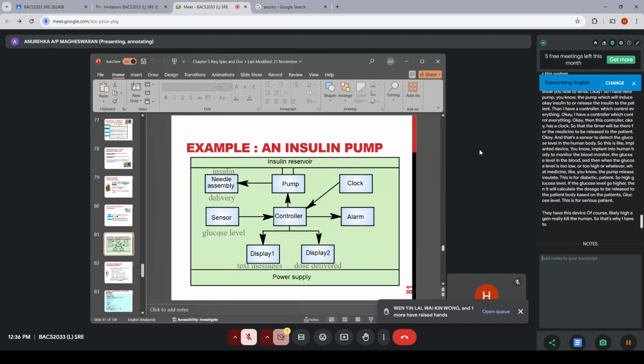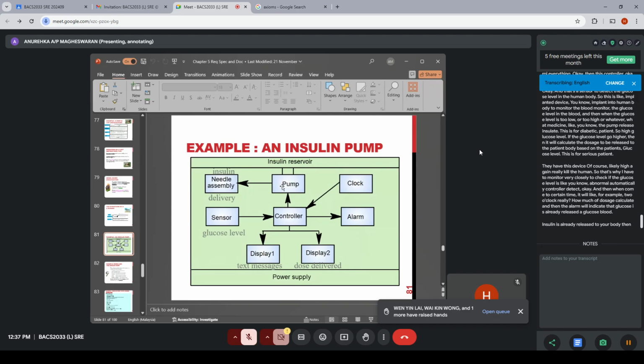So that's why I have to monitor very closely to check if the glucose level is abnormal. The controller detects automatically, and when it comes to a certain time, for example 2 o'clock, it releases the calculated dosage, and then the alarm will indicate that the insulin is already released to your body. Then the pump will reduce what it induces into the body.